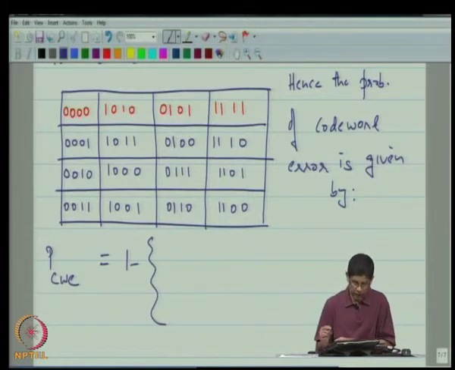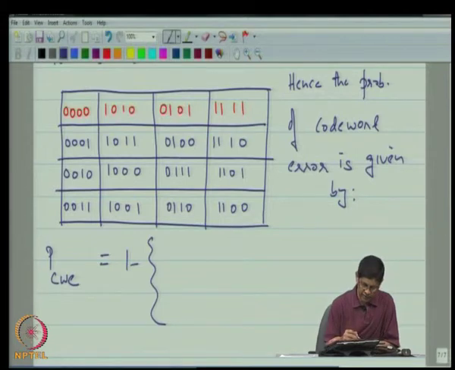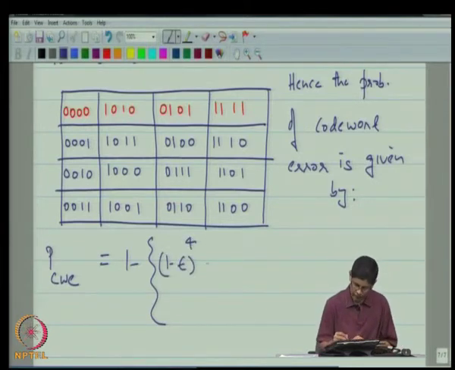And no error happens precisely when the error pattern is one of the coset leaders. So, I can write this as (1 minus epsilon) to the 4 plus (1 minus epsilon) cubed epsilon.